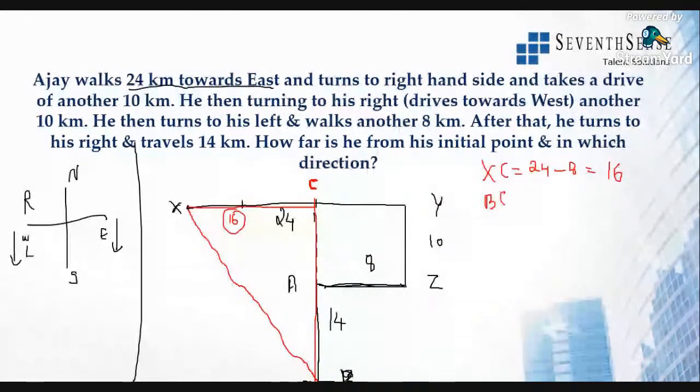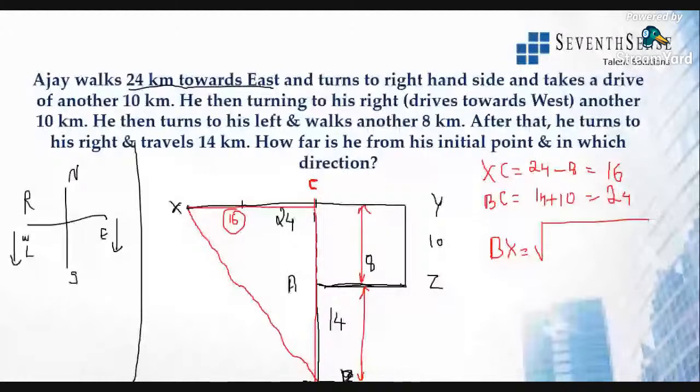Already this is 14. Remaining is this distance, which is 10. So BC will become 14 plus 10, that is equal to 24. Now what are they asking? They are asking BX. So BX is equal to square root of BC square plus XC square.